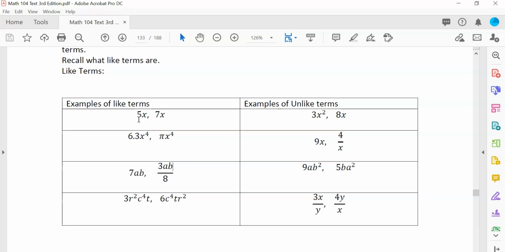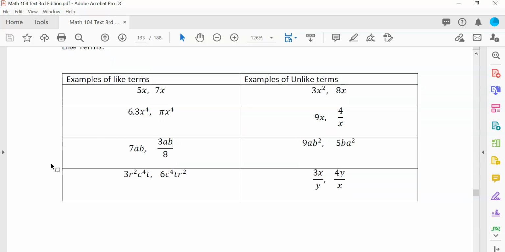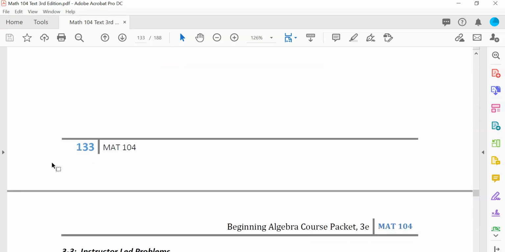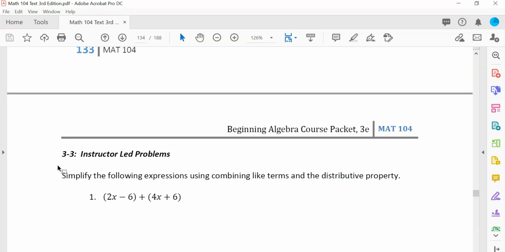So like terms have to have the same variable with the same exponent, although the order doesn't matter. Also notice that coefficients don't matter either, right? If you have 5 and 7, those are alike. 6.3 and pi as your coefficients, that's perfectly okay. So coefficients can be anything we want, but the variables have to match up in order to add.